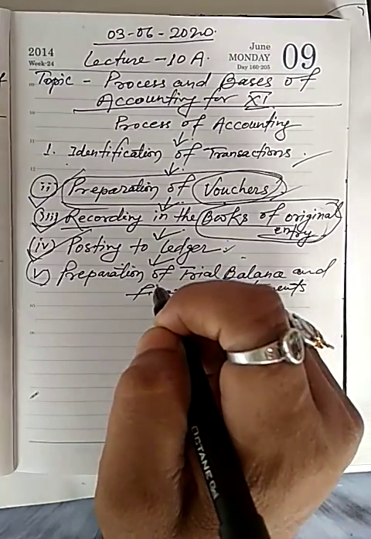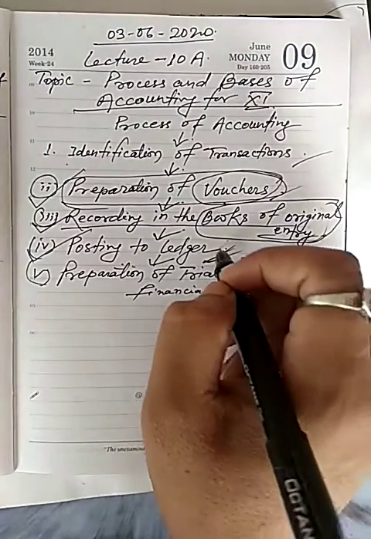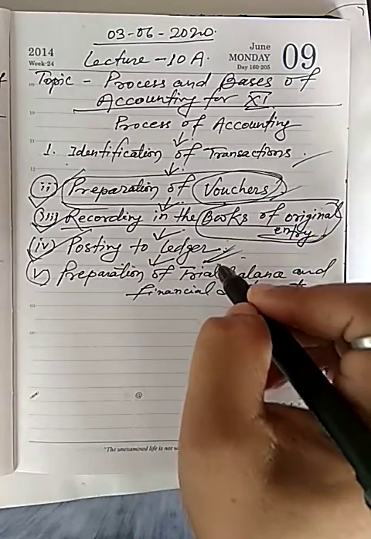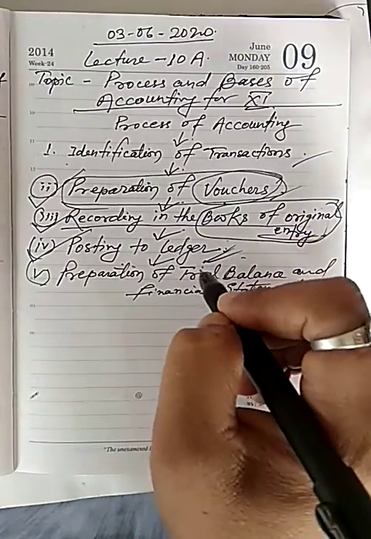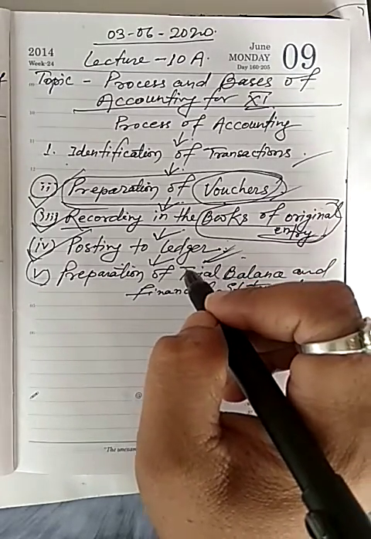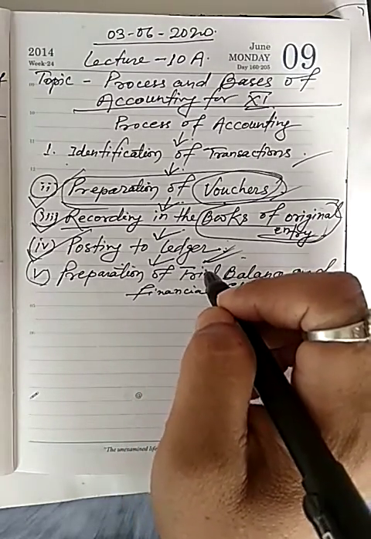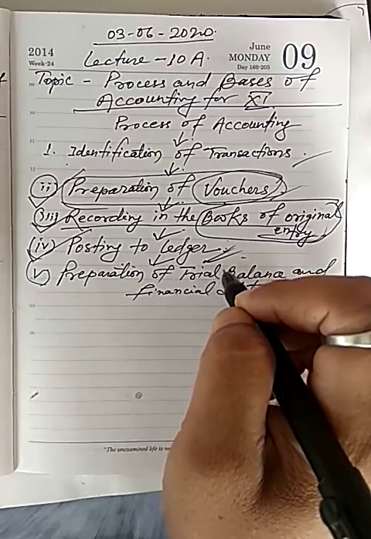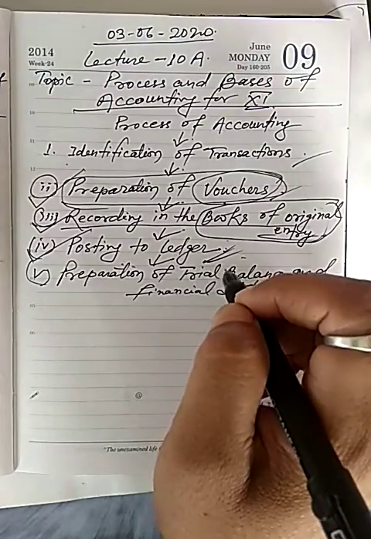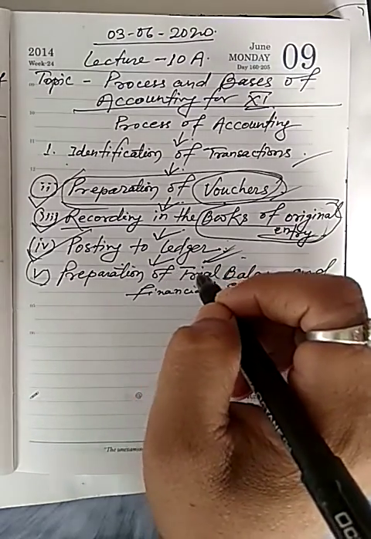For recording in ledger, all transactions are classified and transactions of similar nature are recorded at one place in an account opened in their name, which will provide a complete picture of all the transactions relating to them at a glance.